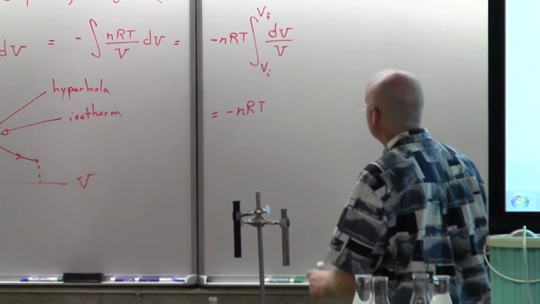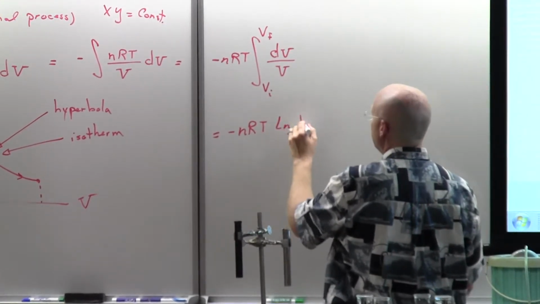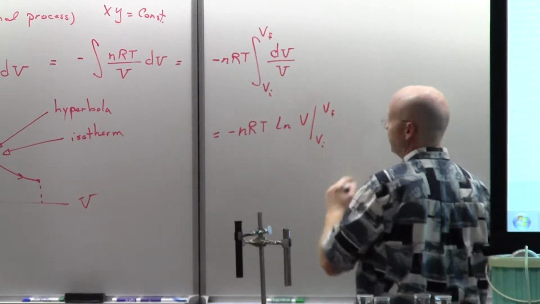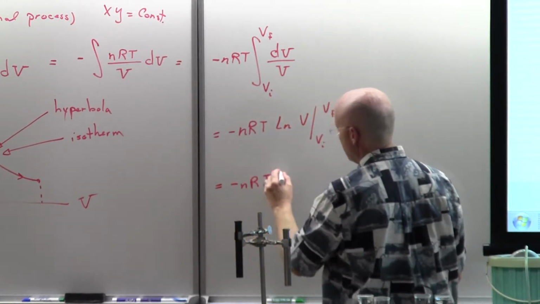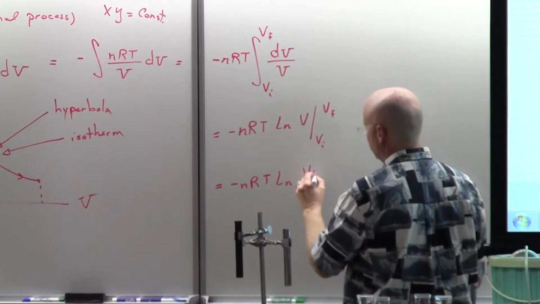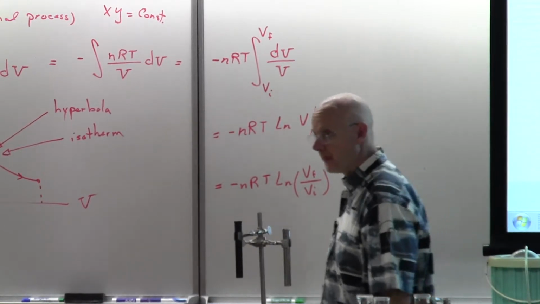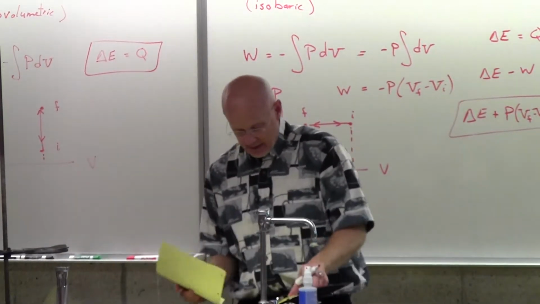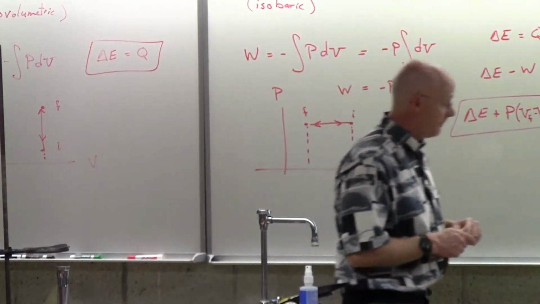And now, what is the integral of dV over V? Yeah, it's the natural log of the volume evaluated from initial to final. So this becomes a minus nRT natural log of final over initial. And so there's the work done in the case of an isotherm.